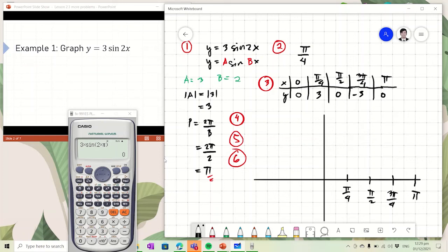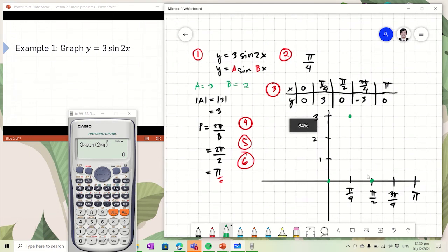So, now, let's try to plot the ordered pairs that we got from our step 3. Starting with 0, 0. Okay, 0, 0. By the way, don't forget the label on top pala. That's 1, 2, then finally 3. So next would be pi over 4, 3. Next would be pi over 2, 0.